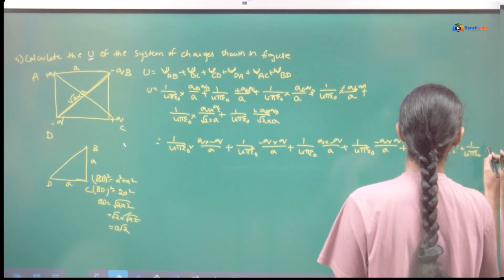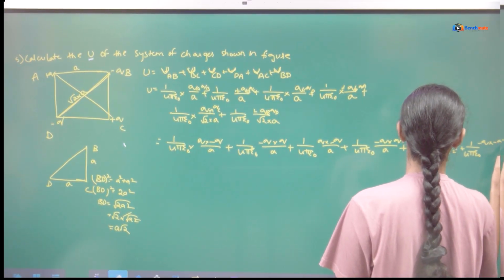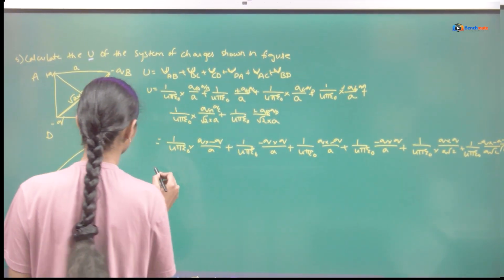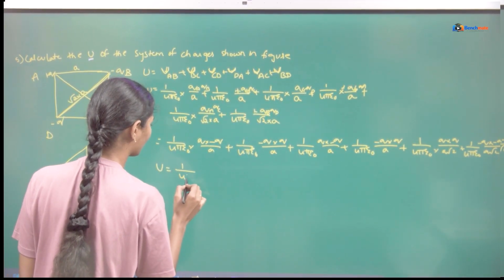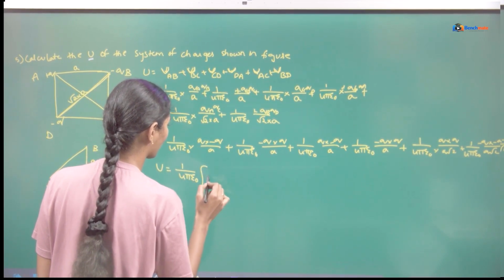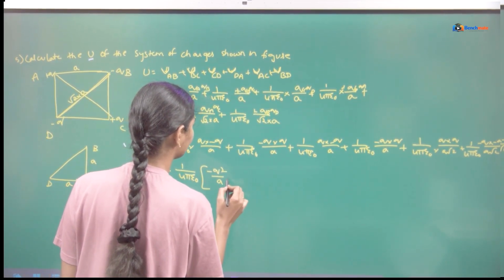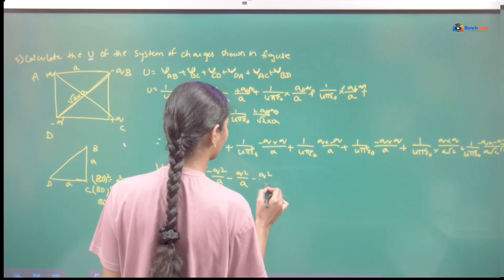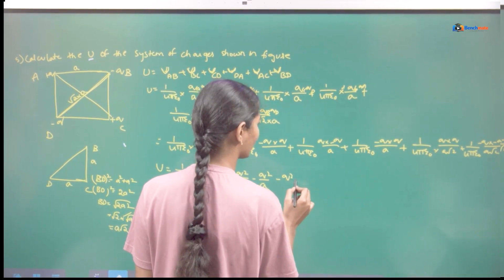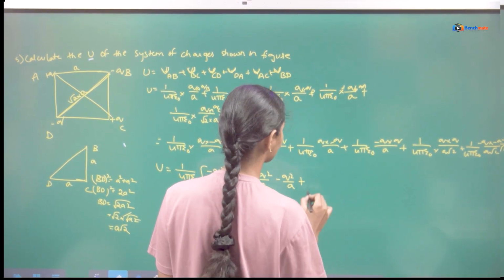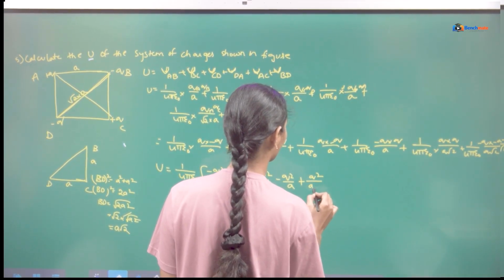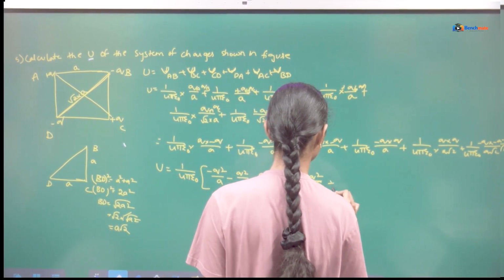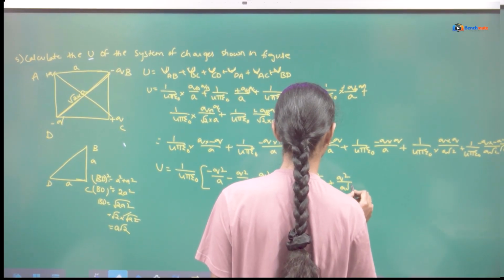Here also minus Q into minus Q, the distance is A root 2. So now everywhere, U equals 1 by 4 pi epsilon naught common: minus Q square by A, minus Q square by A, minus Q square by A, minus Q square by A, plus Q square by A root 2, minus into minus plus Q square by A root 2.